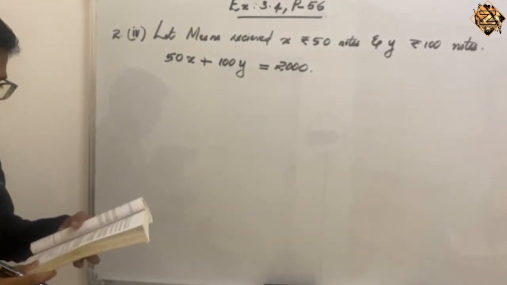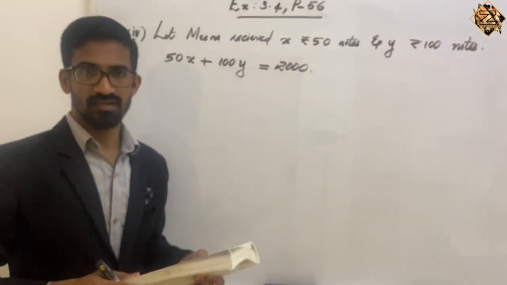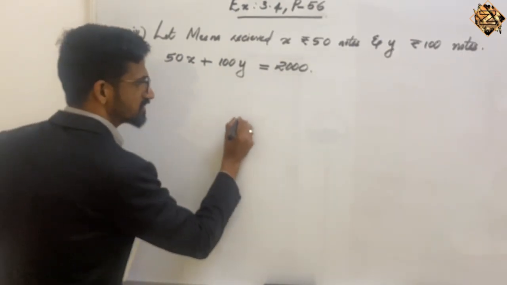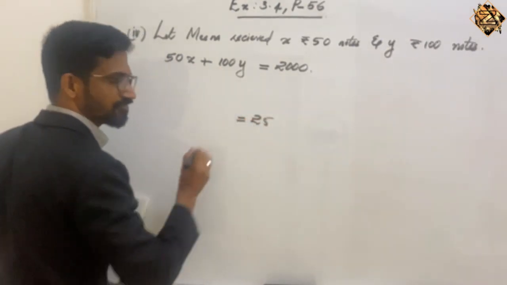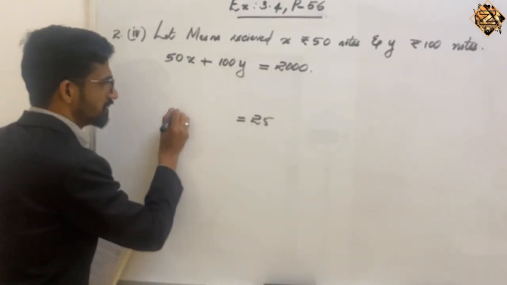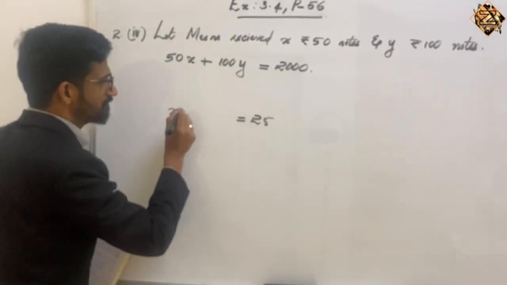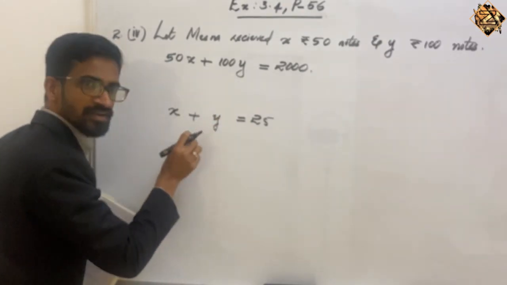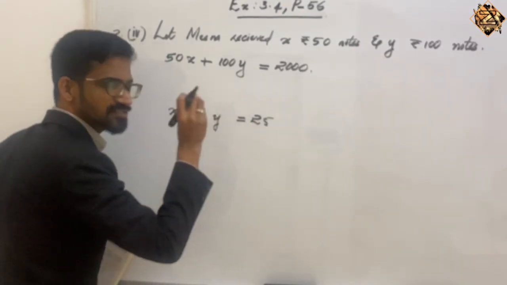And also it's given that Meena got 25 notes in all. The total number of notes she received is 25. So when we add the number of 50 notes and the number of 100 notes, the total is 25.